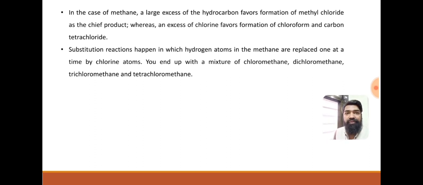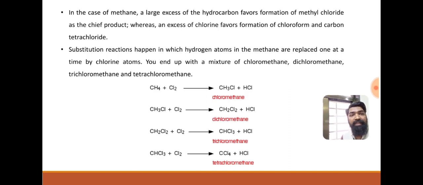The substitution reactions happen in which the hydrogen atoms in the methane are replaced one at a time by chlorine atoms, and you end up with a mixture of chloromethane, dichloromethane, trichloromethane and tetrachloromethane. Here you have the very basic substitution reaction.